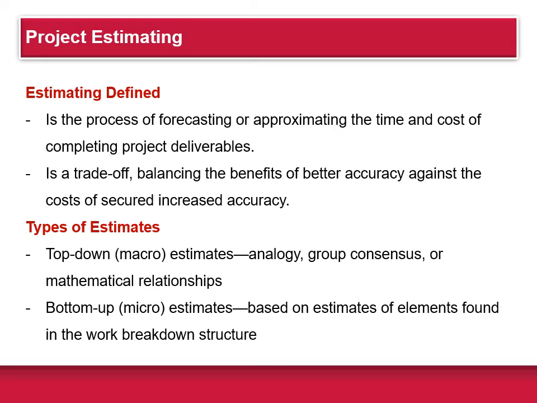Top-down estimates are usually done by senior management. Management will often derive estimates from an analogy, a group consensus, or some kind of mathematical relationship. On the other hand, bottom-up estimates are typically more accurate. They're typically performed by the actual people doing the work. Their estimates are based on the work breakdown structure.